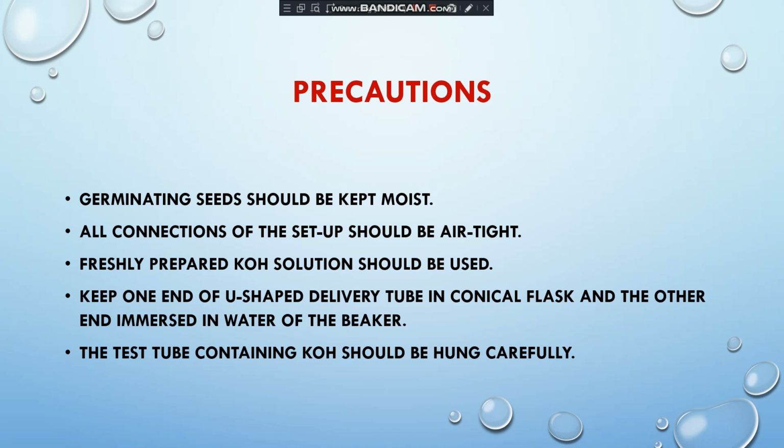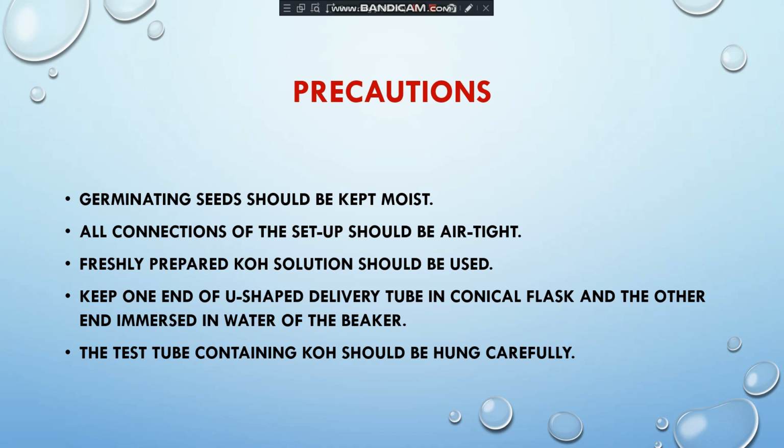The next is to keep one end of the U-shaped delivery tube in the conical flask and the other end immersed in the water of the beaker. You have to ensure that the other end of the tube is immersed in the water, that is, it should be submerged in the water. What would happen if it is not inside the water?